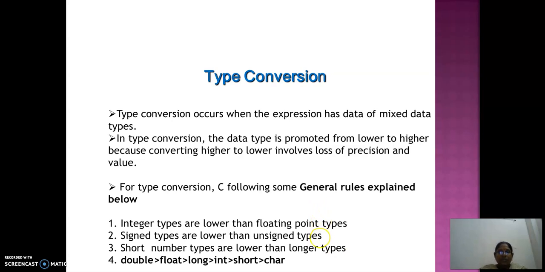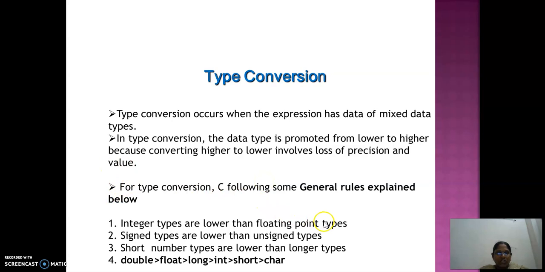If I convert this 3.5 floating point value, which is higher, into the lower one, it will be converted into 3. 2 plus 3 is 5, then the 0.5 value will be lost. So for that reason, we convert the lower to the higher data type.